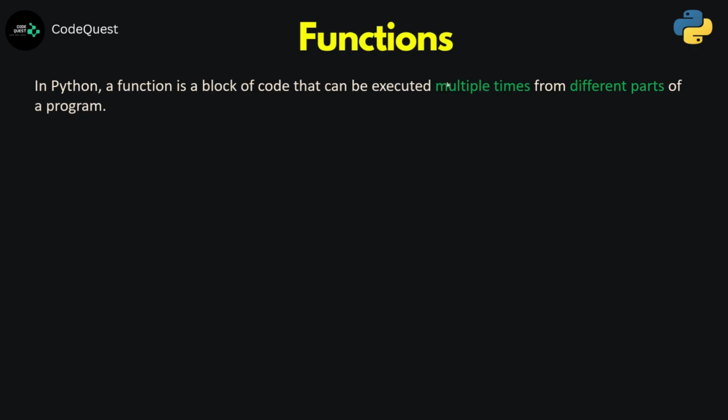But when executing a piece of code multiple times using loops, we can execute it only in a particular portion of a program. When I want to execute the same set of statements at different parts of the program repeatedly as per my wish, then functions are the only solution.